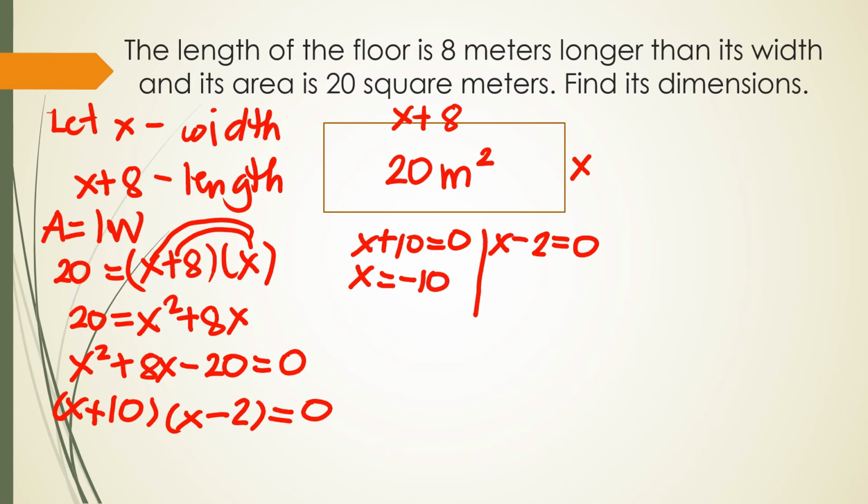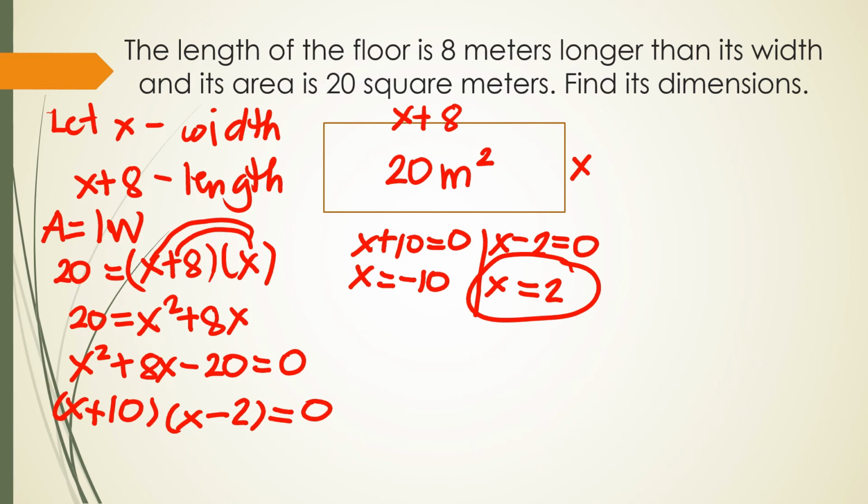X minus 2 is equal to 0 using APE again. So, we have x is equal to positive 2. Now, we need to disregard x is equal to negative 10 kasi wala namang negative sa ating measurement. So, the value that we will use is x is equal to positive 2.